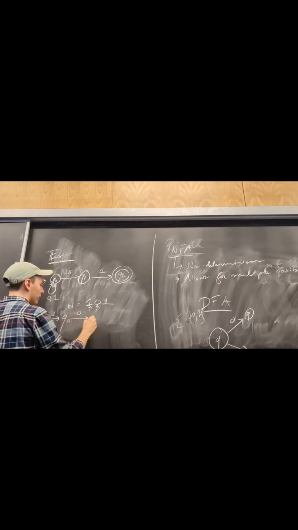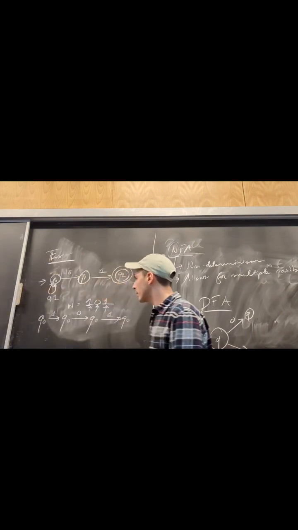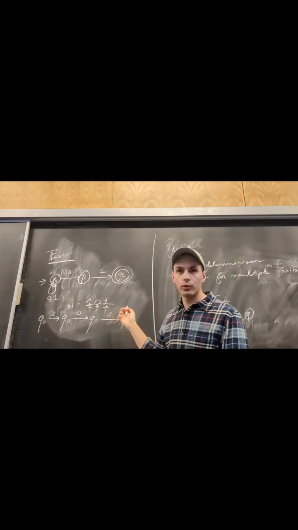Q0 still looks good to me, so I'm going to stay at Q0. And then, even though I'm reading a 1 now, I'm going to stay at Q0. So this is one possibility of the NFA running through 101.